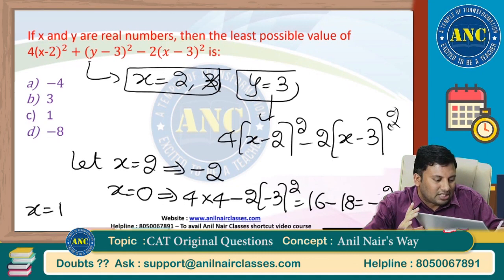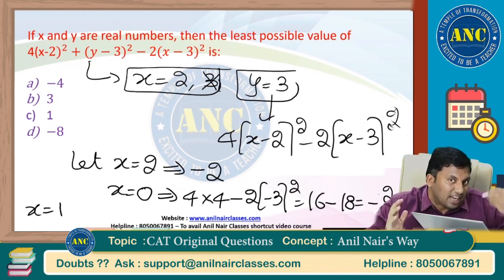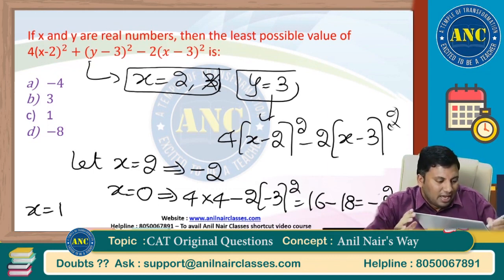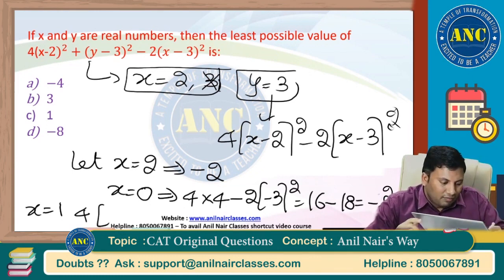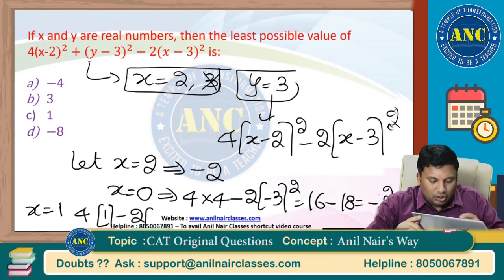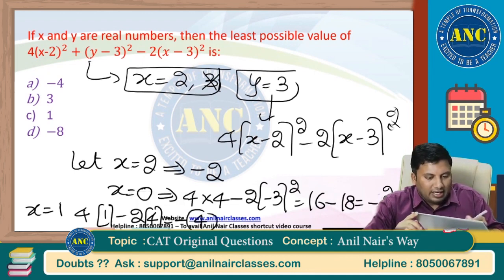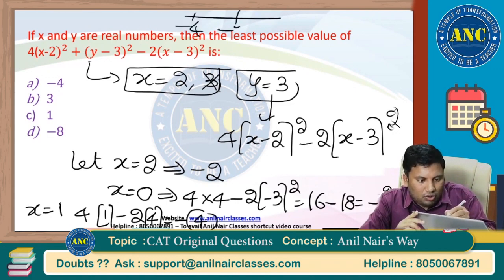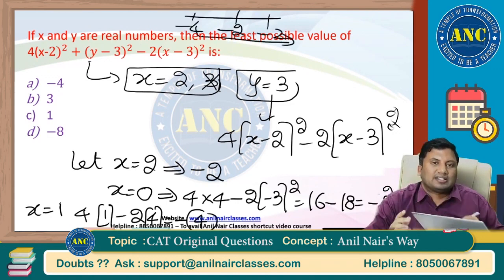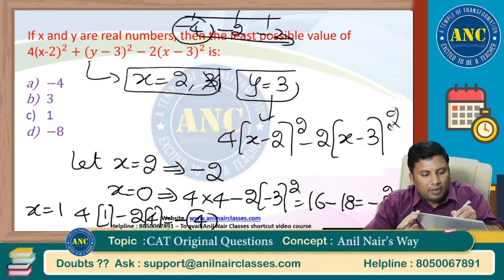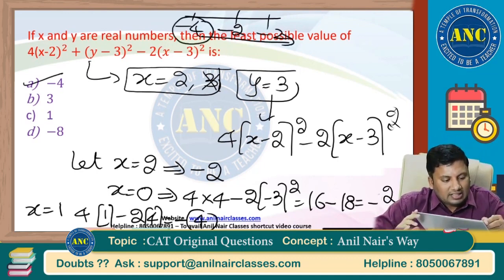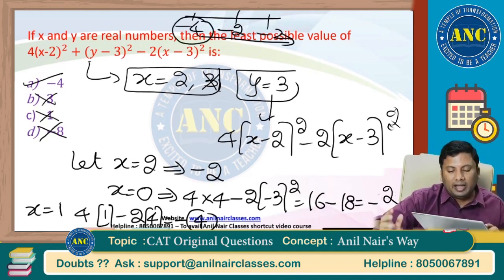Then I checked with x equivalent to 1 because I want to see what is happening, whether the graph is an increasing graph or a decreasing graph. x equivalent to 1: 4 into 1 minus 2 square, which is nothing but 4, minus 2 into 1 minus 3 square, which is nothing but 8. 4 minus 8 is minus 4, right? If you see minus 4, minus 2 and minus 2, these are all to the right hand side. So minus 4. I hope it is clear. Answer is minus 4.